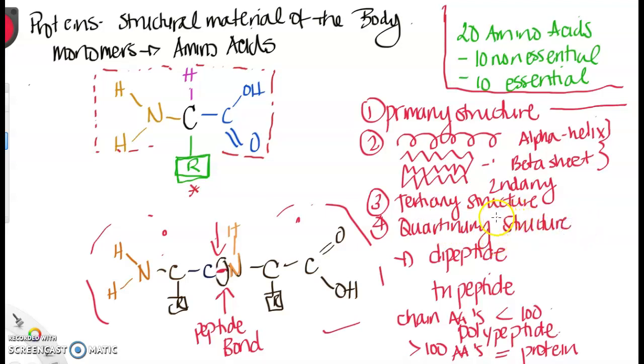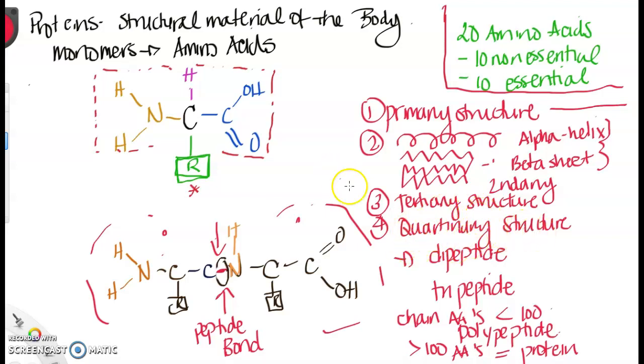That's where we take a three-dimensional tertiary structure, one that's already been bent all around, and we put those together. So two or more polypeptides that are already in that tertiary structure, we combine together, and that makes a quaternary structure.